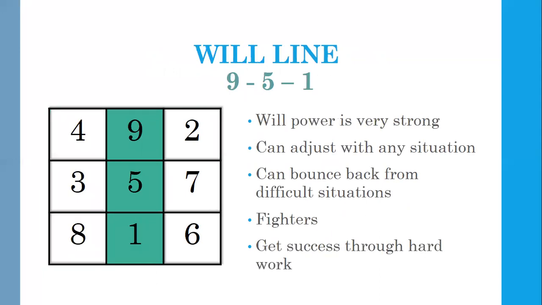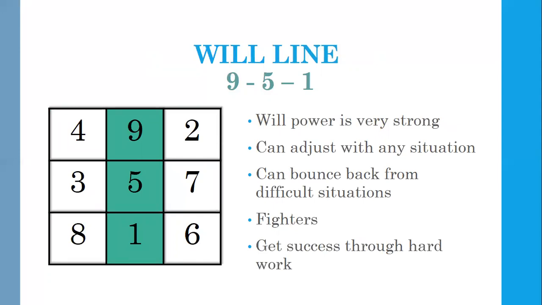951 is called the will line. It shows your willpower. If someone has all three numbers, that person's willpower is very strong. They can adjust to any situation, and come out of even the worst situation.